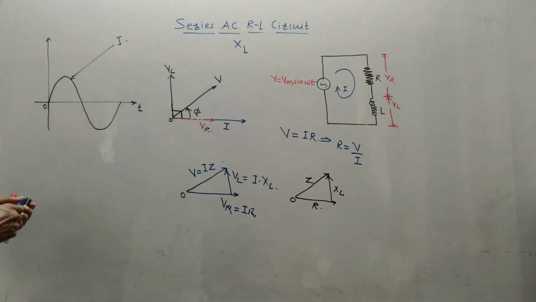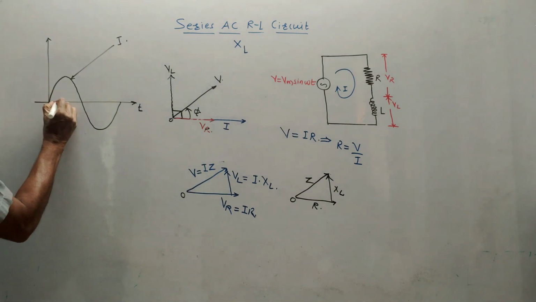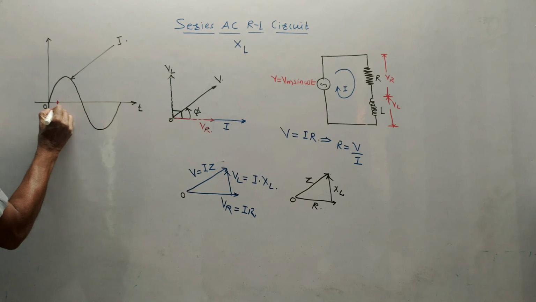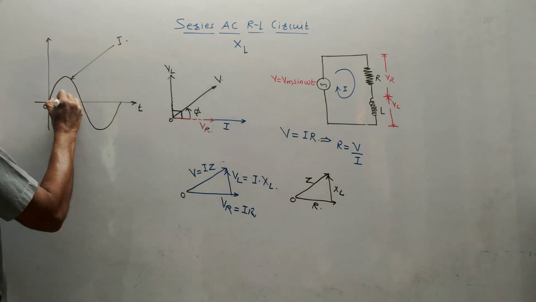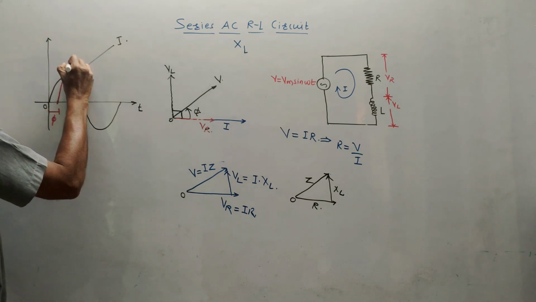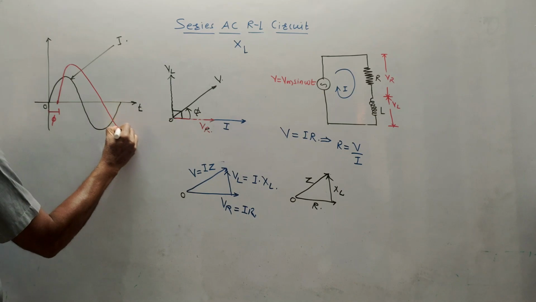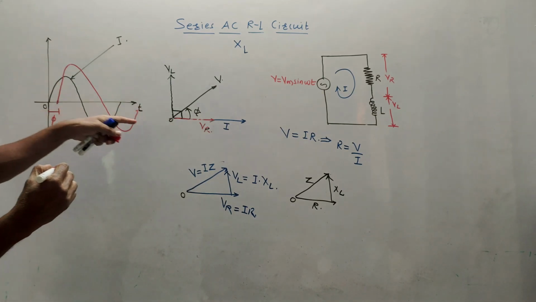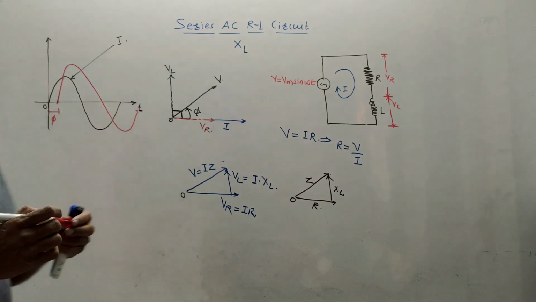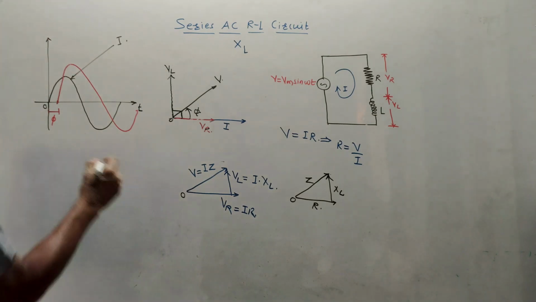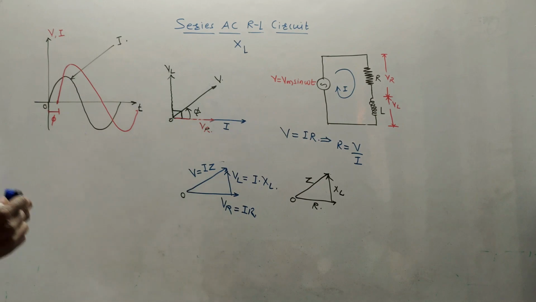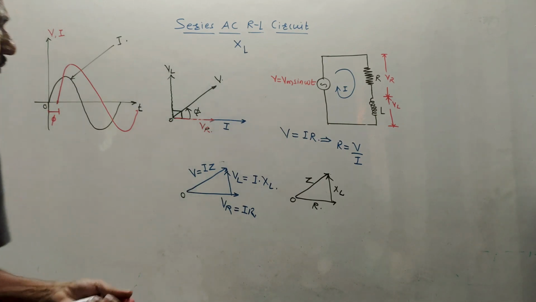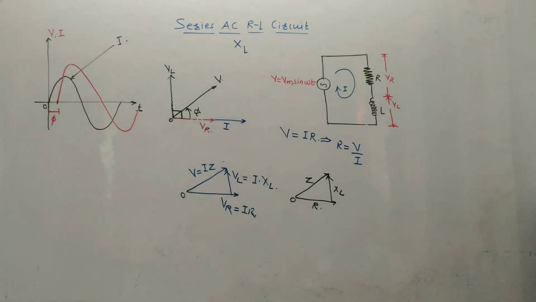So the starting point is this, let us say this value is phi if I am measuring from the origin. The nature of the diagram remains the same, that is sinusoidal. The value of voltage is more than that of current, so I have shown amplitude more than that of current. This is the simple way to draw the diagram of voltage and current, and naturally on this axis I will write V comma I. That is the diagram for voltage and current with respect to time.